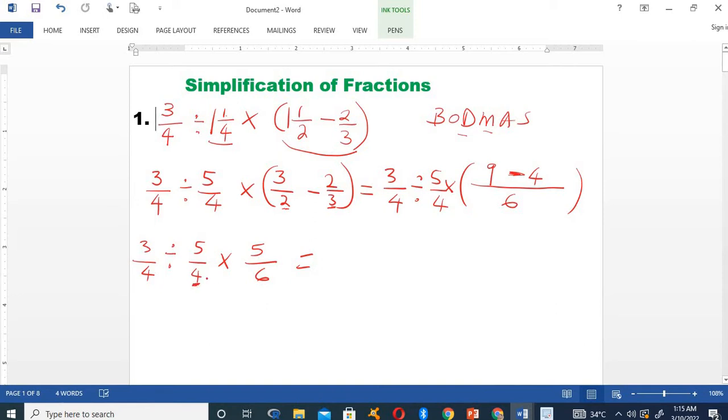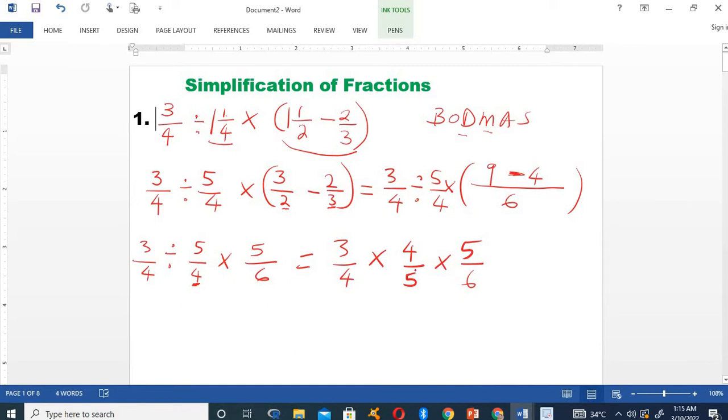So I'm going to invert. Okay, invert this. So I'm going to have 3 over 4 times 4 over 5 times 5 over 6. So it has nothing to do with 5 over 6, just the fraction next immediately after the sign. Okay, so others remain the same.